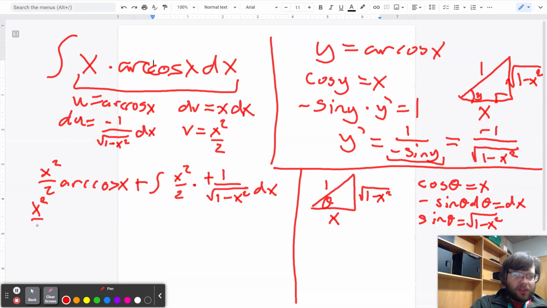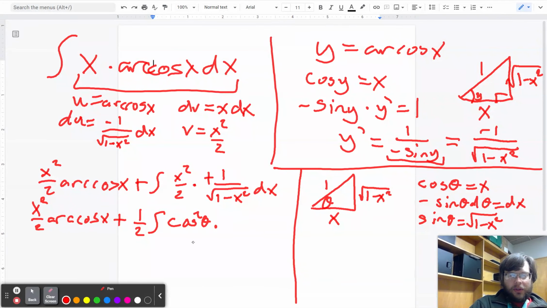So we still have this dude floating out here, x squared over 2 arc cosine of x. I'll pull a 1/2 out here. x squared would be equal to cosine squared theta. 1 over the square root of 1 minus x squared is 1 over sine theta.